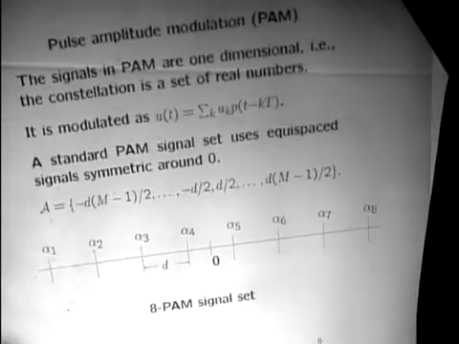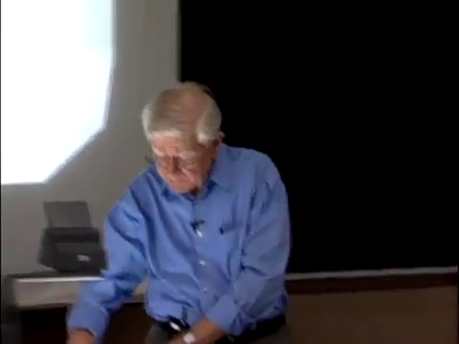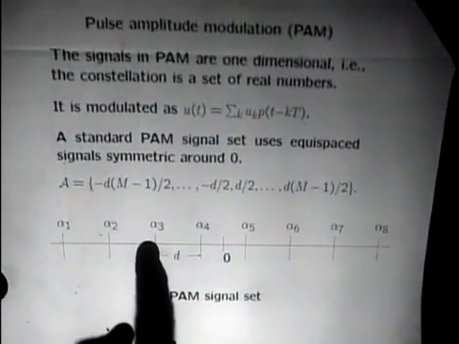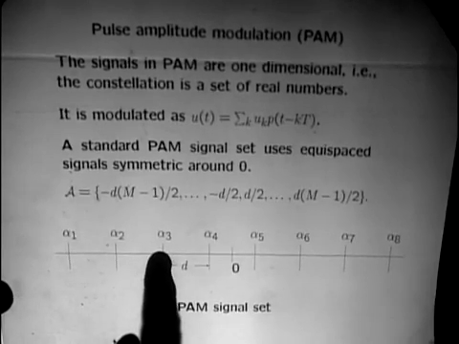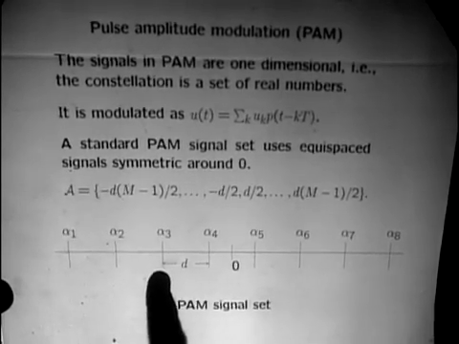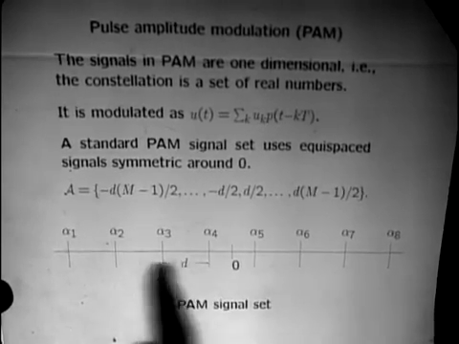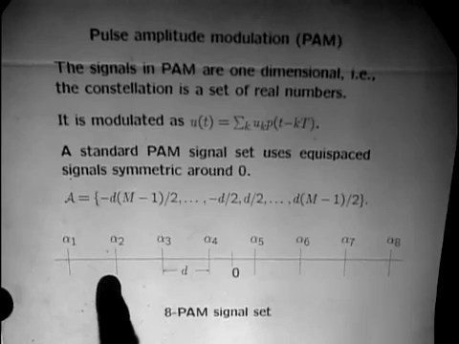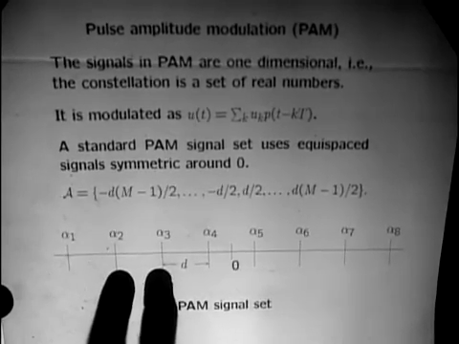Usually it's Gaussian, which means it tails off very, very quickly with larger amplitudes. And what that means is when you send A3, the most likely thing to happen is that you're going to detect A3 again. The next most likely thing is you'll detect either A4 or A2. In other words, what's important here is this distance here, and hardly anything else.